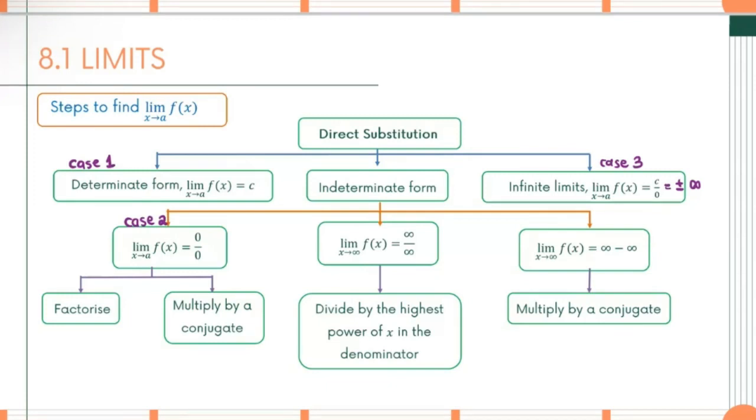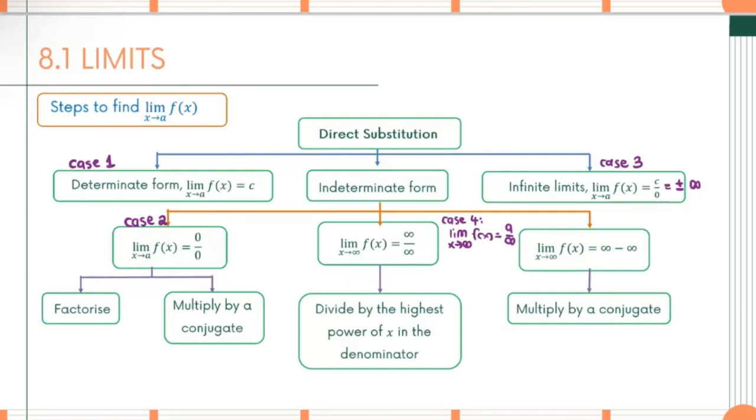Okay. Kemudian case yang keempat apabila kita dapat indeterminate form. Case yang keempat ni sebenarnya ada dua. Yang pertama, when we substitute x approaching infinity to our function. Case yang keempat adalah apabila limit of x approaching infinity of f(x), kamu dapat constant over infinity.